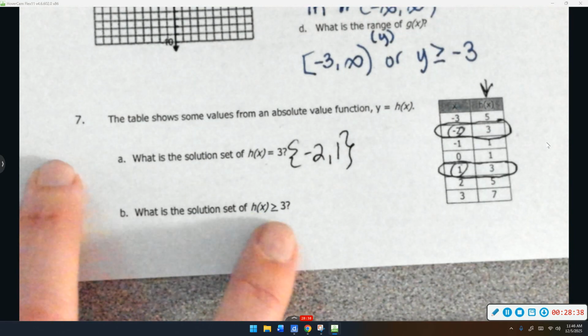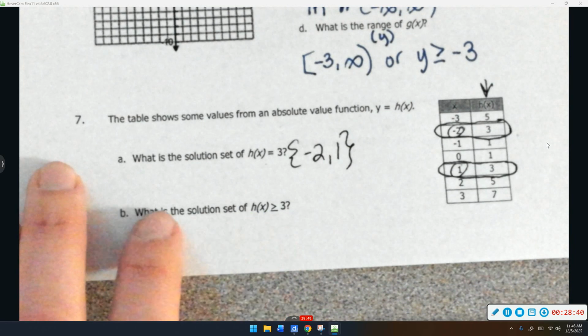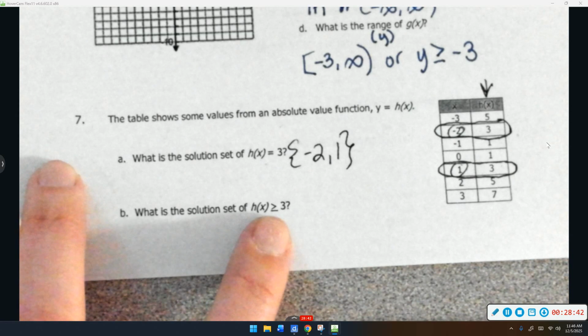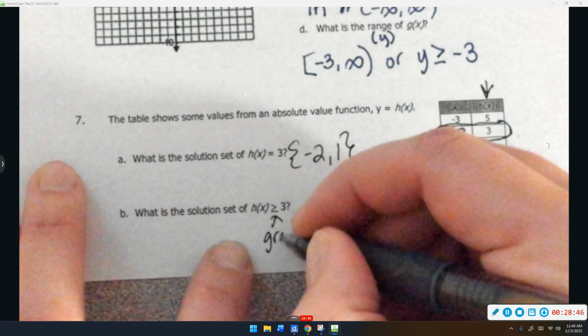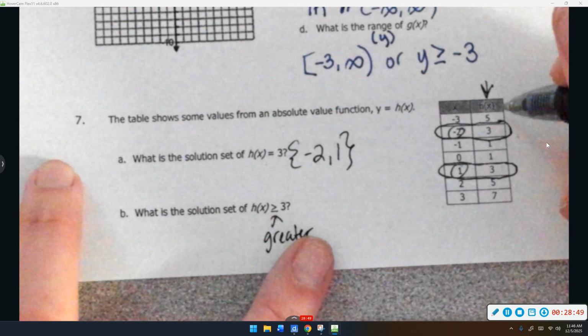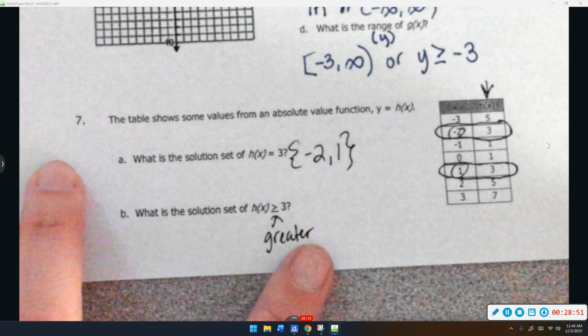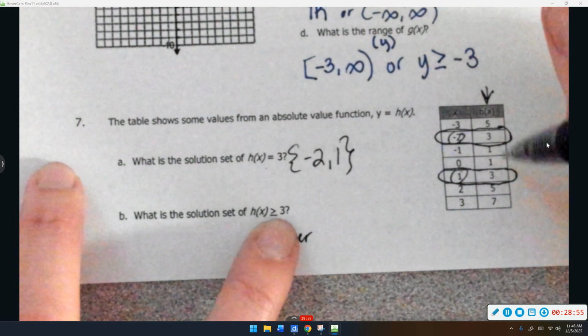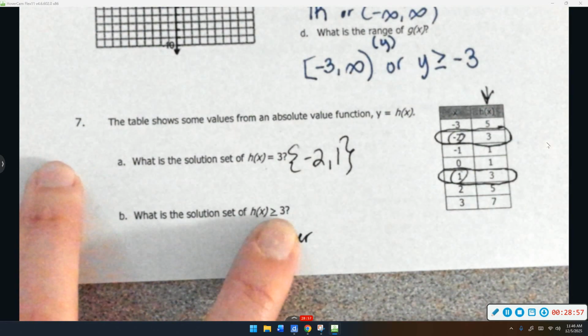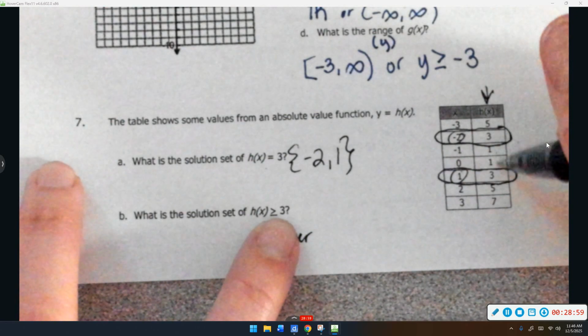All right. Now, the second part of this question says, what is the solution set of h of x is greater than or equal to 3? Greater. So where are these h of x numbers bigger than 3? It's either going to be in between or on the outsides. Well, in between, these are less than 3.